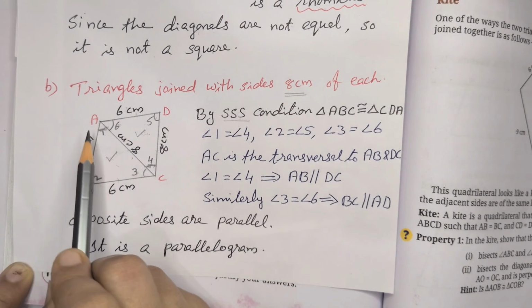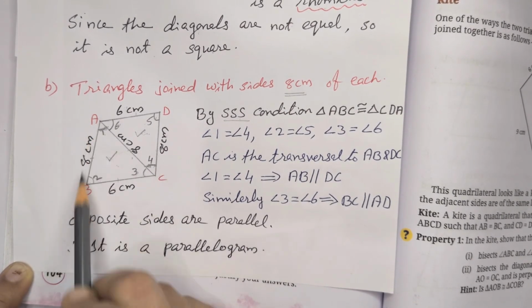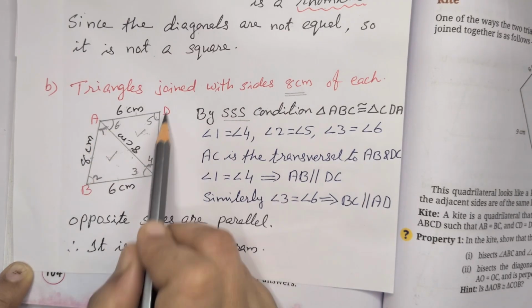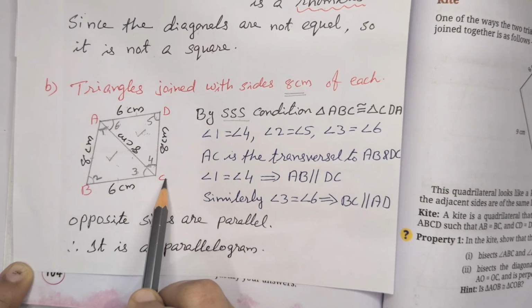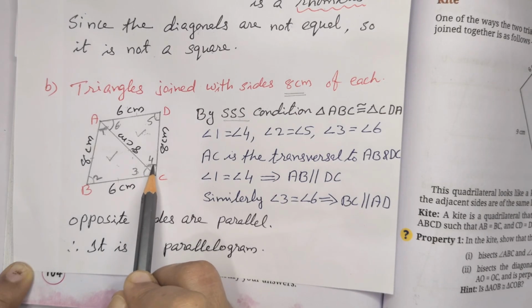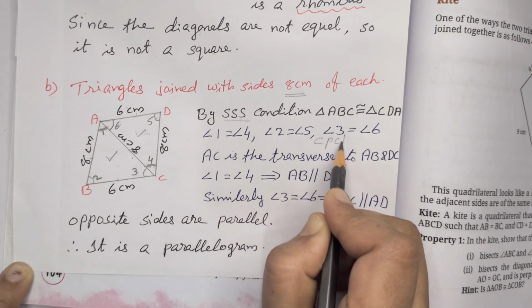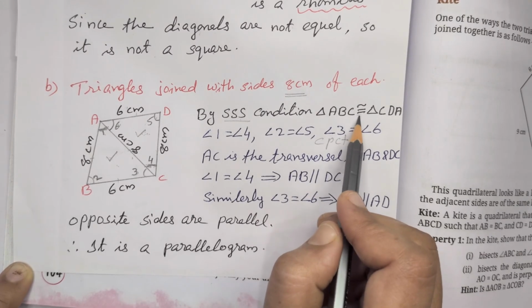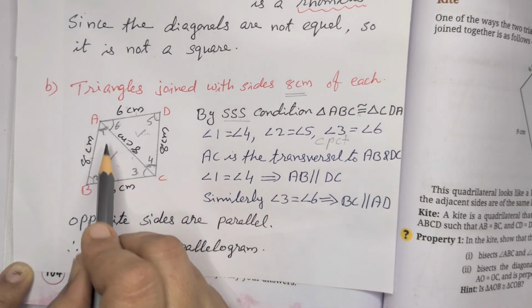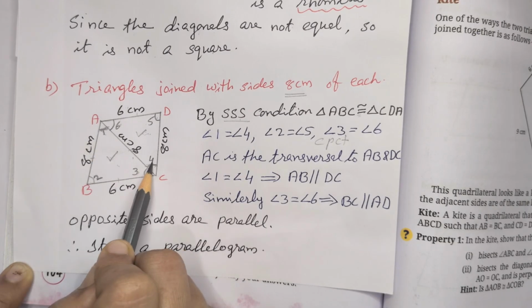Now, AC is a transversal to AB and CD. Consider these two sides and this transversal. We already know angle 1 is equal to angle 4 by CPCT, because these triangles are congruent. Angle 1 equal to angle 4 means the alternate angles are equal.